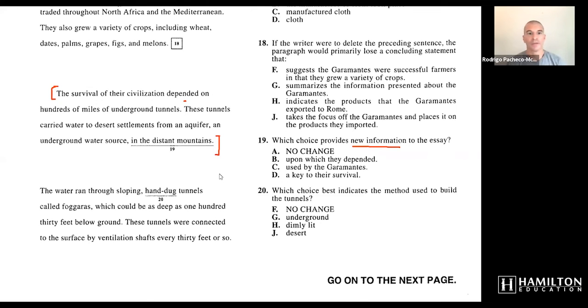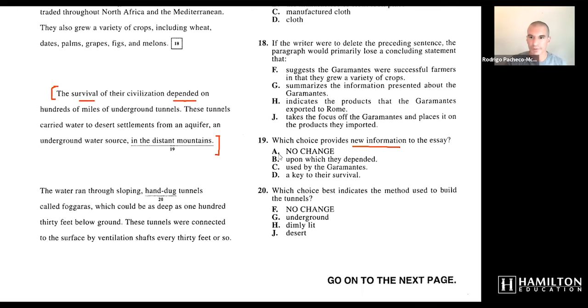Okay, so the survival of their civilization, that's pretty important, depended on hundreds of miles of underground tunnels. These tunnels carried water to desert settlements from an aquifer, an underground water source, and then we get to our question.